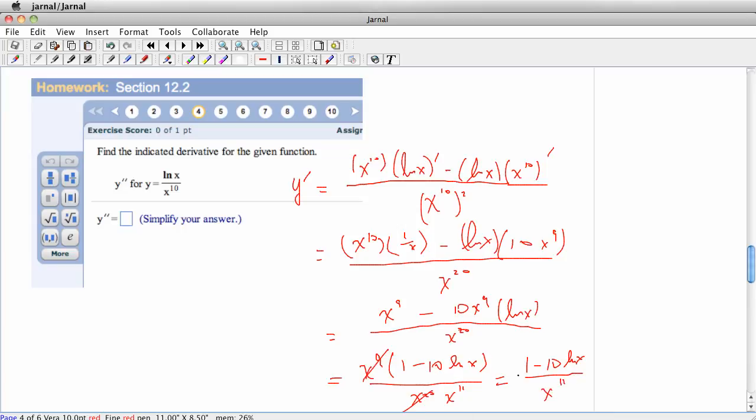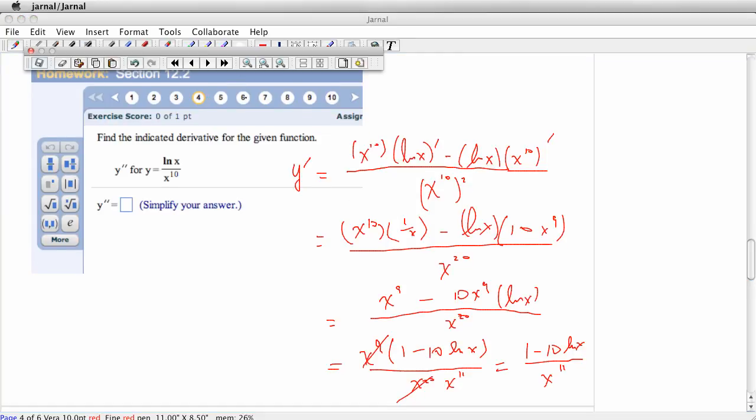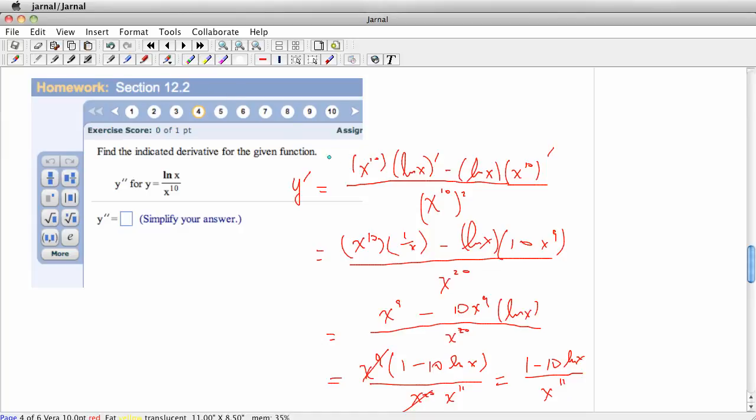If I had not simplified that, I would have to be working with this awful thing up here to calculate my second derivative. So working with this directly and taking the derivative of that would be very difficult. So doing this extra simplification, even though before we didn't bother, wasn't really necessary, now it's definitely worthwhile to do it.